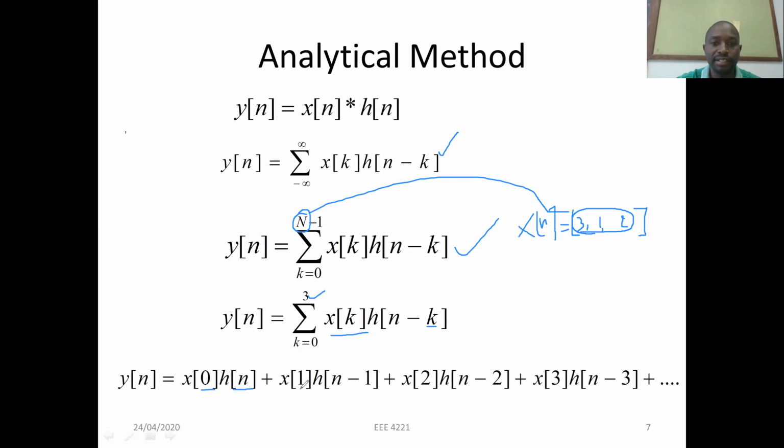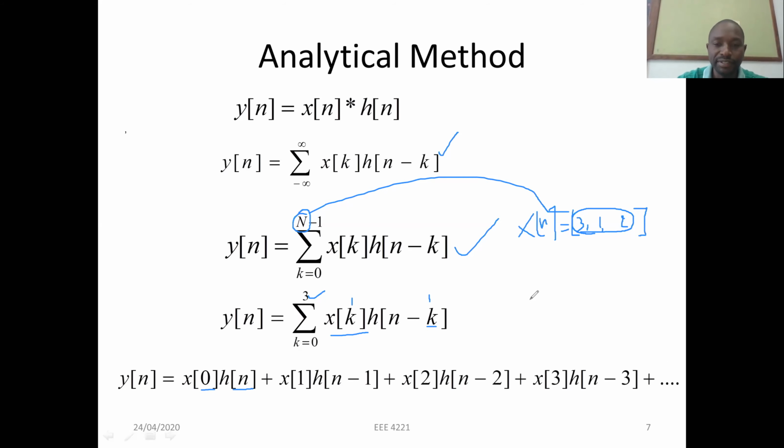In the second term, when we put k equals 1, you put 1 everywhere here, you're going to have x of 1, h of n minus 1. Then in the next term, we put k equals 2, then that would be x of 2, h of n minus 2, plus when we put k equals 3 there, then that will be x of 3, h of n minus 3, so the sequence goes on.